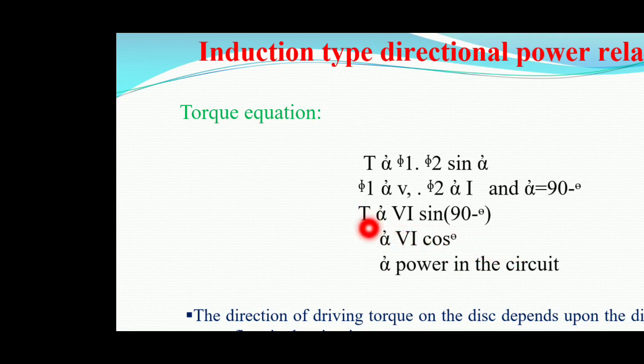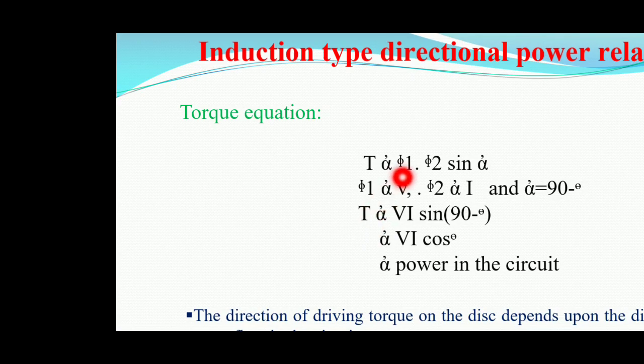This is the torque for the induction type directional power relay. The torque is directly proportional to the power in the circuit because phi 1 and phi 2 are directly proportional to the voltage and current.